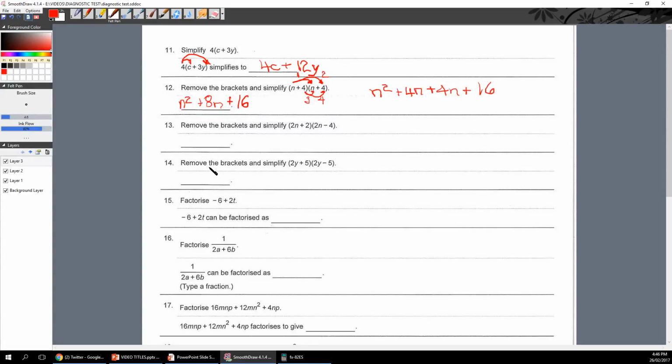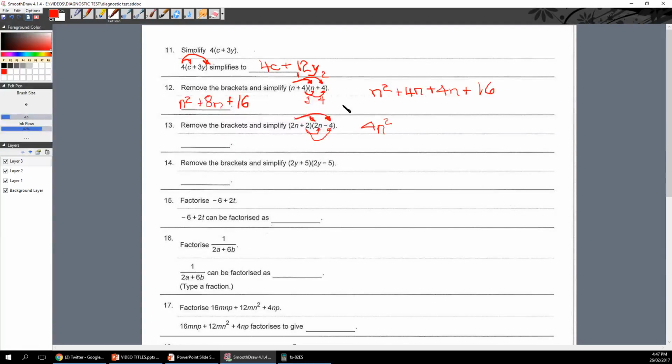Okay, remove the brackets and simplify. Now this is the same deal again, just slightly harder. So you go 2n times that one. This will be negative 4n this time. 2 times 2n, like so. So expanding that out, we get 4n squared. 2n times 2n is 4n squared.